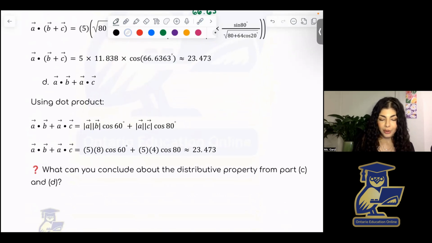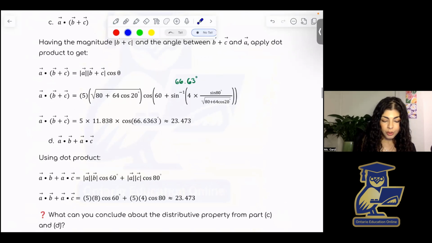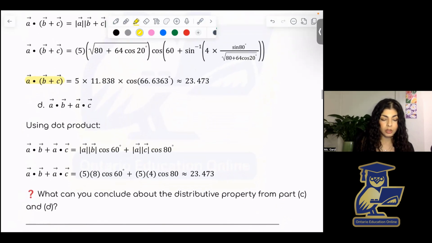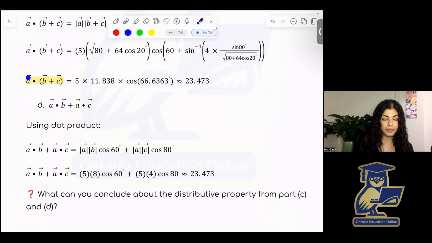Okay, so next, remember, this was A dot product with B plus C. And now we're trying to find the dot product of A with B plus the dot product of A with C. So this is really distribution here of A with B and then C. And we want to see if we can do that with dot product and whether it gives us the same answer.